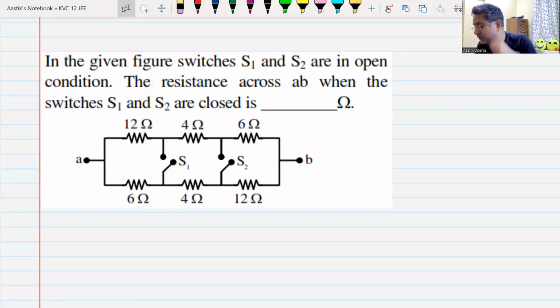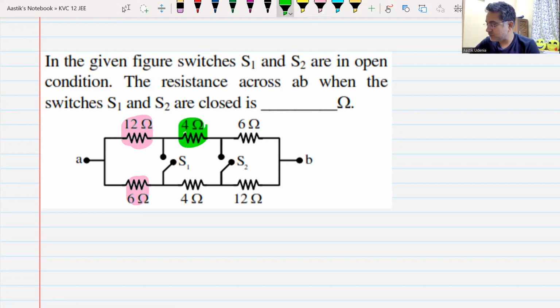So how are we supposed to do this? Switches S1 and S2 closed means this 12 and this 6 will come in parallel. 12 and 6 in parallel becomes how much? 4, sir.